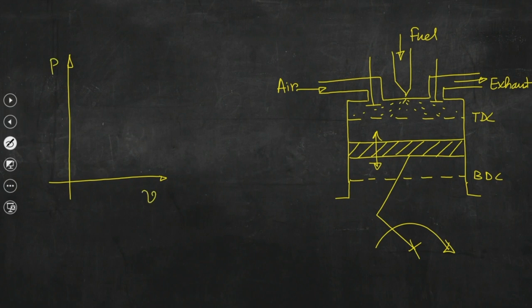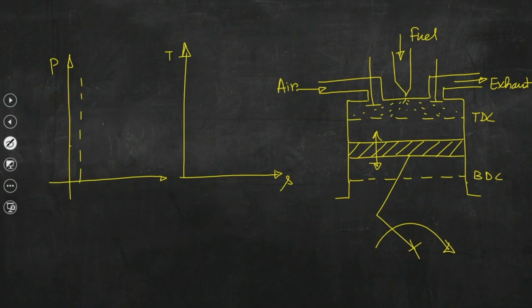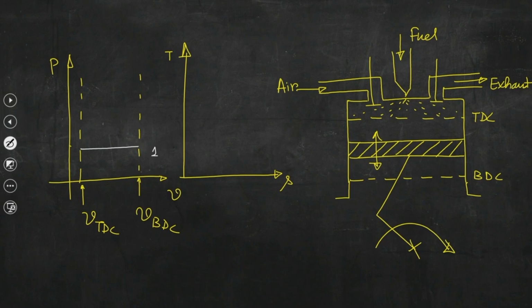So, this is P, this is V, this is S, and this is T. This is VBDC, this is VTDC, and this is the intake process, constant pressure air intake, and this is point 1.